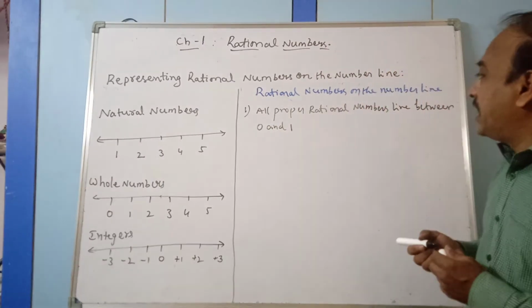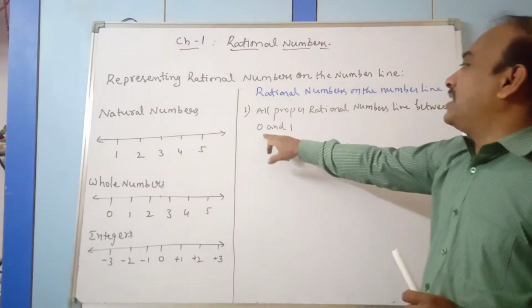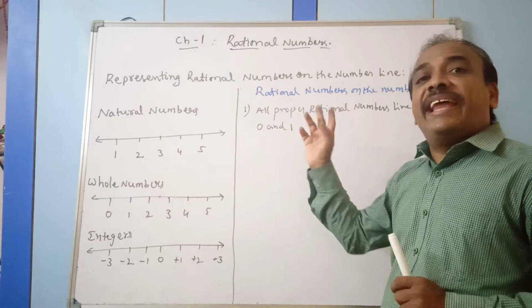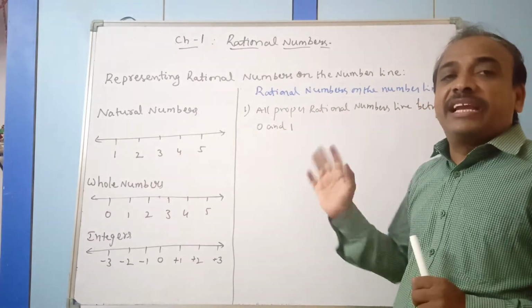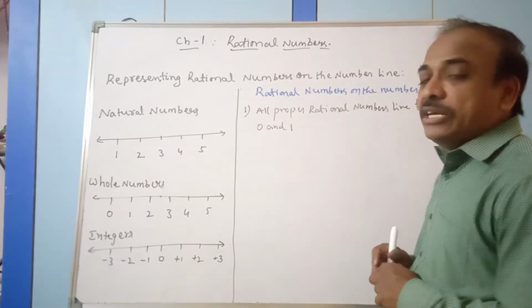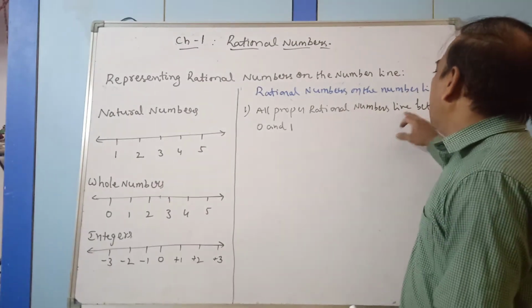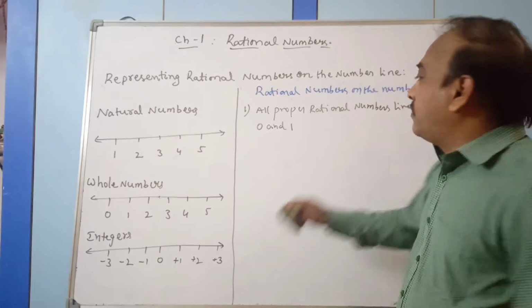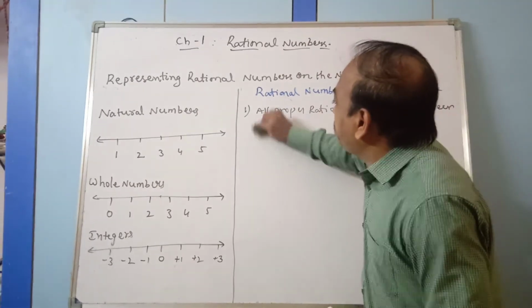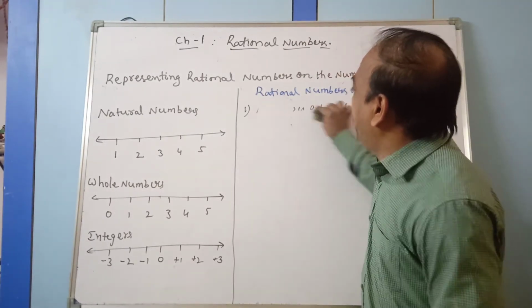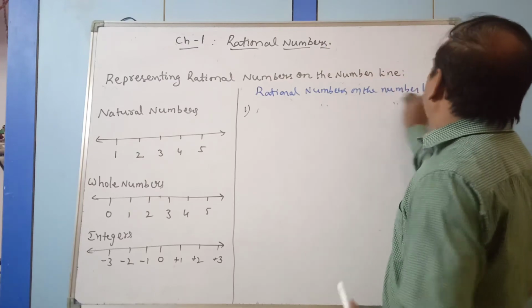If it is positive, it lies between 0 and 1. If it is a negative rational number, then it lies between 0 and minus 1.